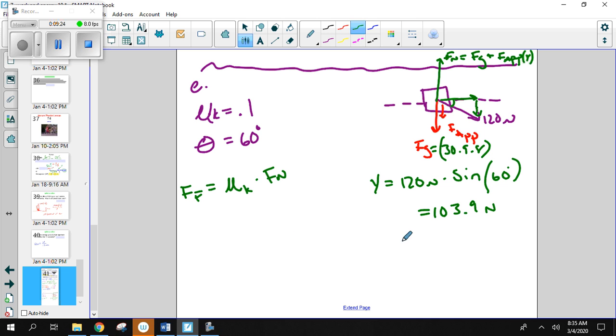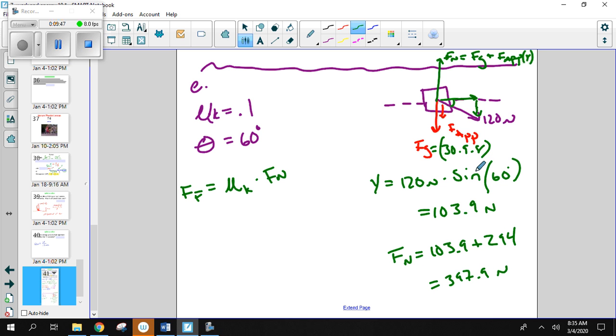All right, so normal force equals 103.9 plus 294. So 397.9. And that's because we are pushing down.